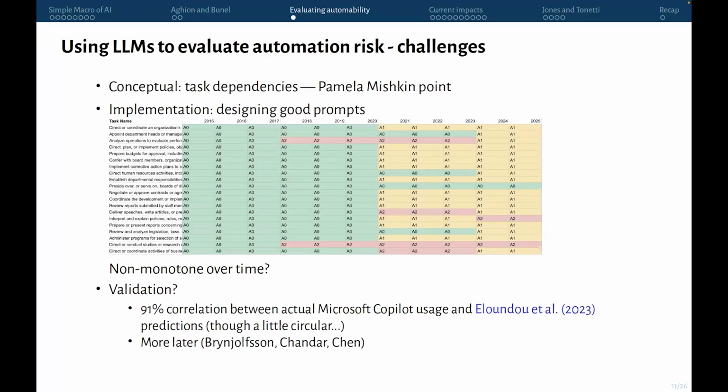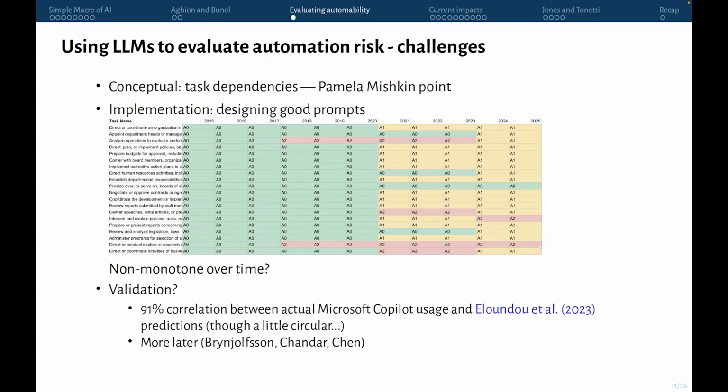Okay, so there are three broad points that I just wanted to quickly mention about what makes this challenging. One, what we talked a little bit about yesterday, is this point that Pamela Mishkin raised. For example, if I need to write an email to Phil and ChatGPT is really good at writing that email, but then I can't have a conversation during the meeting because I don't know what I'm talking about.